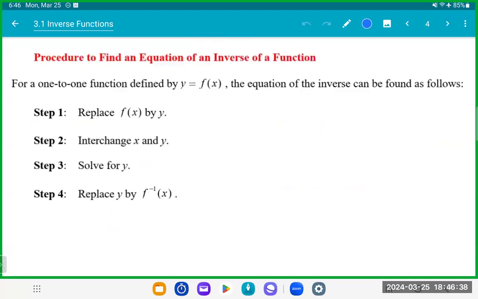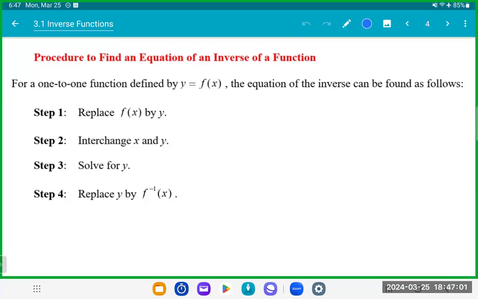Okay, so what if I only have one equation and I want you to tell me what this equation's inverse is? In those cases, you're going to follow these 4 steps. First, you replace f of x with y.